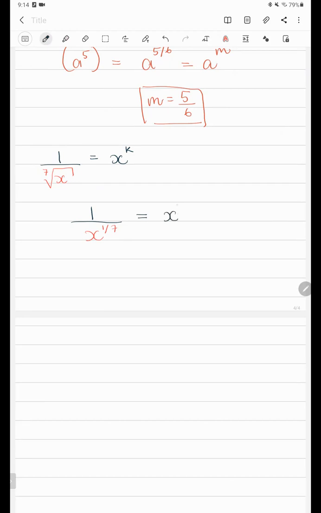Ma'am, x raised to the power minus 1 by 7. Yes. All right. So now can you tell me what is the value of k? Ma'am, minus 1 by 7. Yeah, that's right.